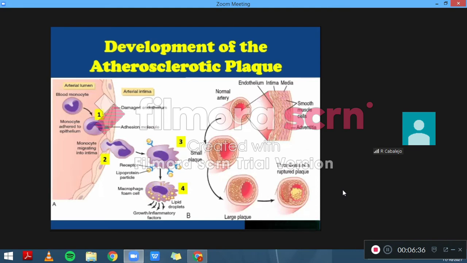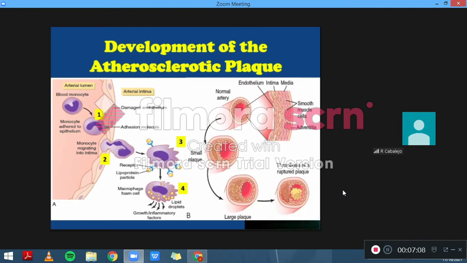This macrophage then ingests and oxidizes lipoprotein molecules, becoming a foam cell. The foam cell releases substances that cause inflammation and growth of your intimal layer. The figure on your right shows the additional accumulation of macrophages and growth of the intima that causes your plaque to grow larger and accumulate more lipids.